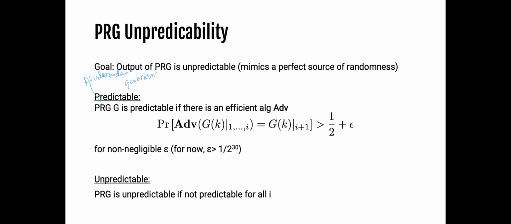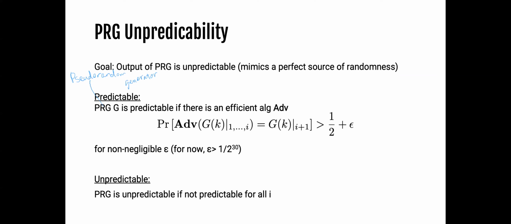So for a pseudo-random generator G, it is predictable if there is an efficient algorithm. We call this algorithm the adversary, ADV. Pseudo-random, thank you, Dean.